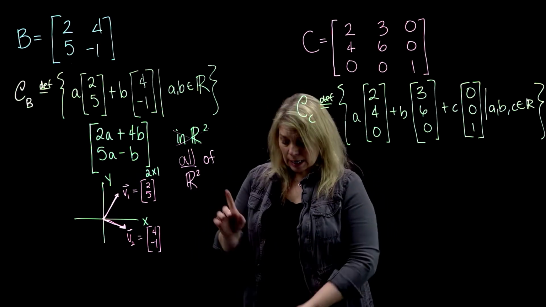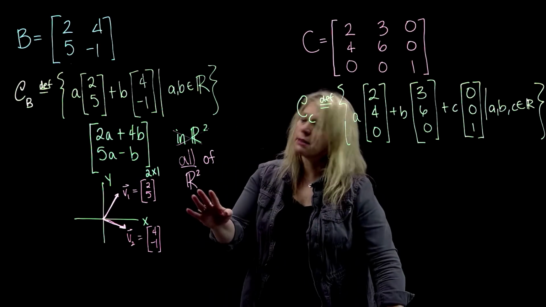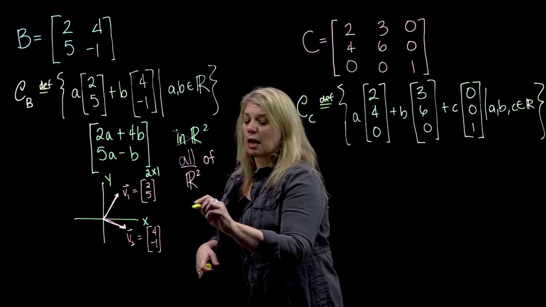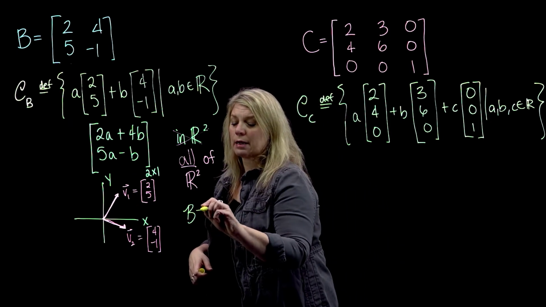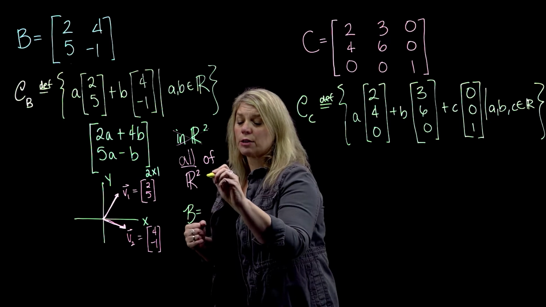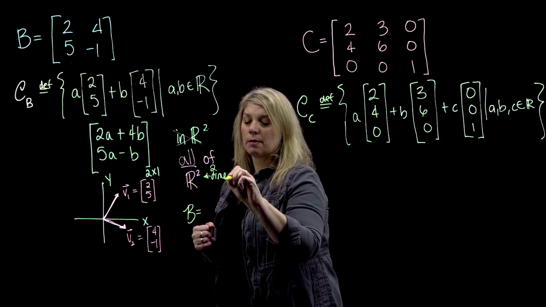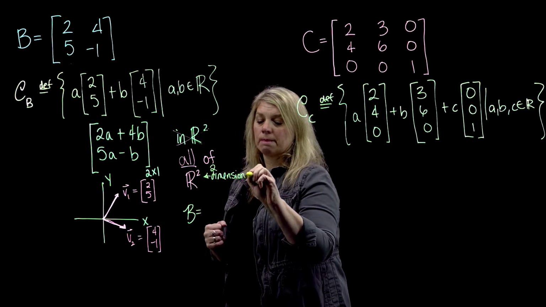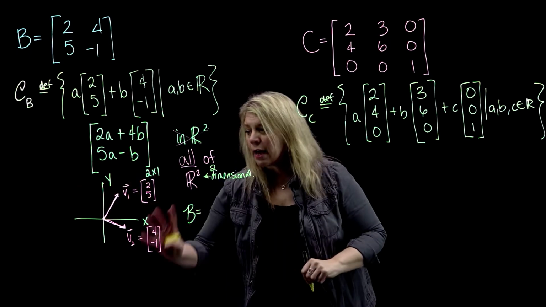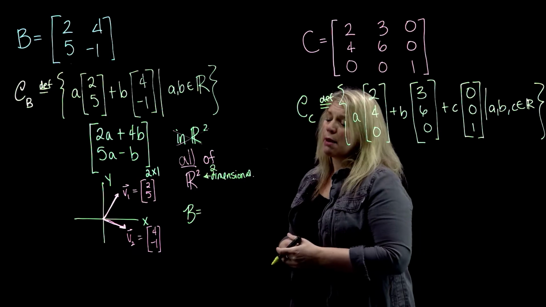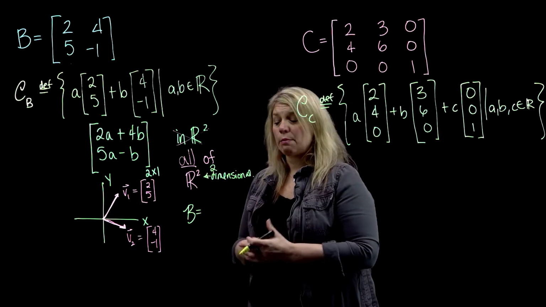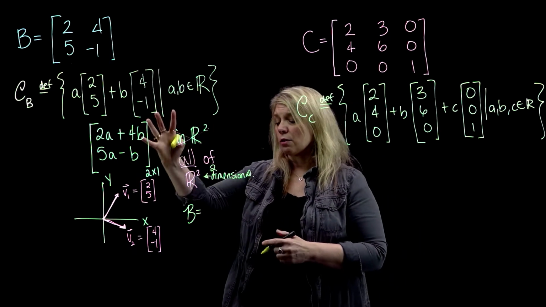So when I think about finding a basis for this column space, I need to find a basis that contains 2 vectors. All of R2 is 2-dimensional, right, all of the xy plane. So when I find a basis, I need 2 linearly independent vectors that generate this whole space.